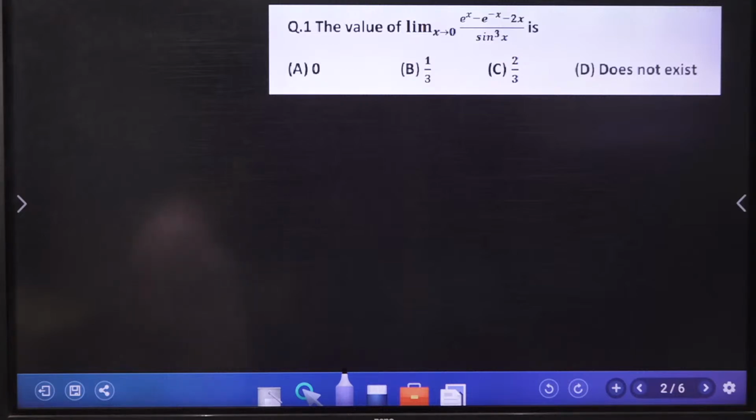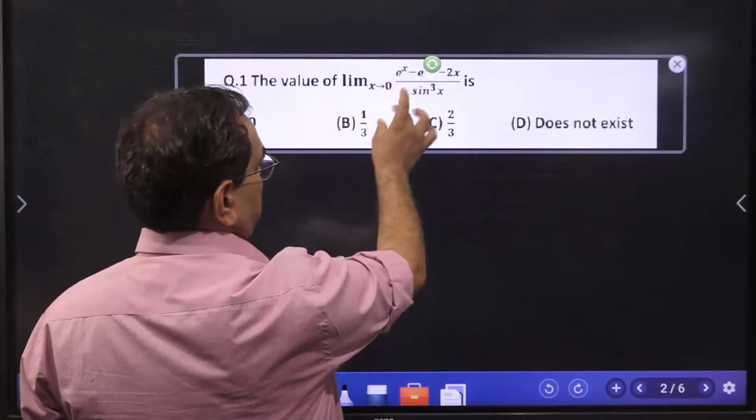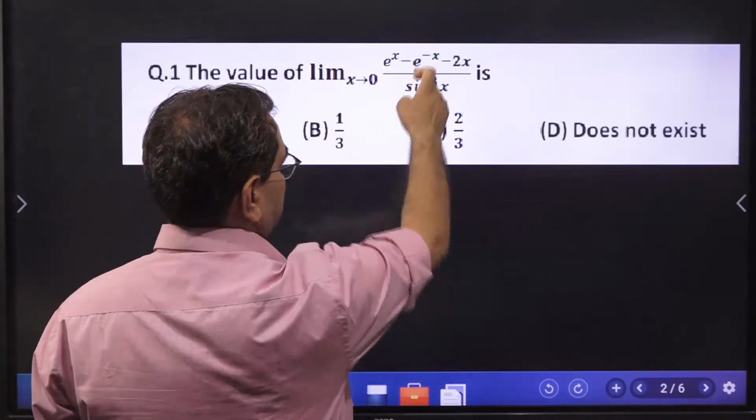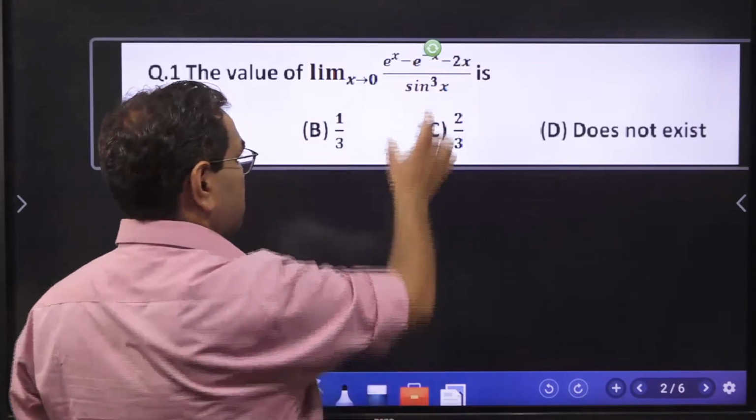So try to find out the answer and write the answer in the chat box, please. And the question is: limit x tends to 0, e to the power x minus e to the power minus x minus 2x upon sine cube x. Okay, this is the limit.